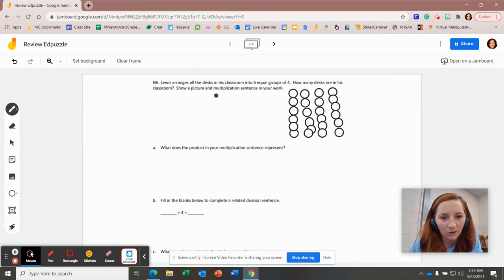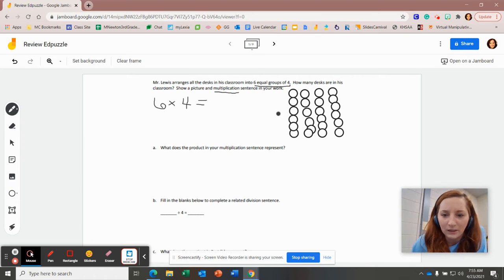Now we know that it already says multiplication, but we would have known to do multiplication whenever it says 6 equal groups of 4, because we know that multiplying is all about adding equal groups. So our multiplication sentence would be 6 times 4. And if you look over here, I have 6 by 4. This is an array.